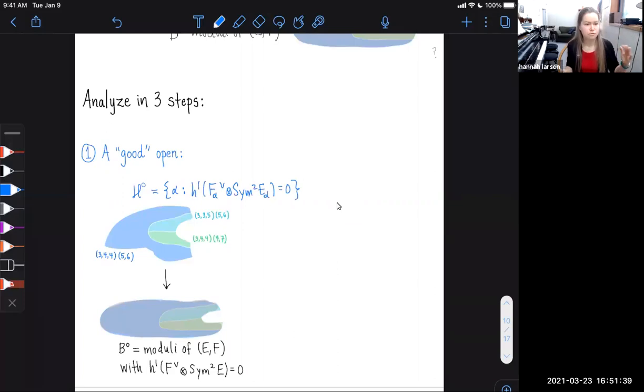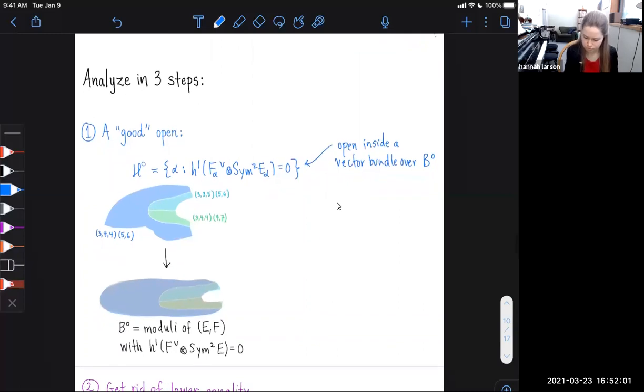And there's no fiber dimension jumping here. And it turns out that this locus actually looks like an open inside a vector bundle over this base, B circ, which is the moduli of good pairs of E and F.